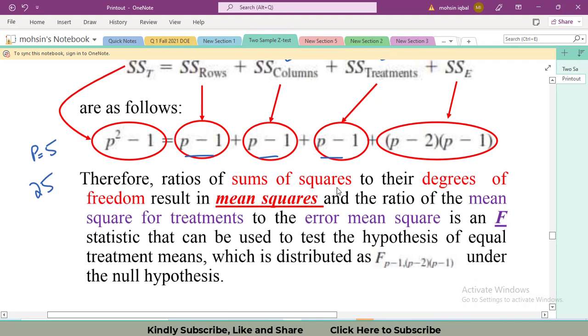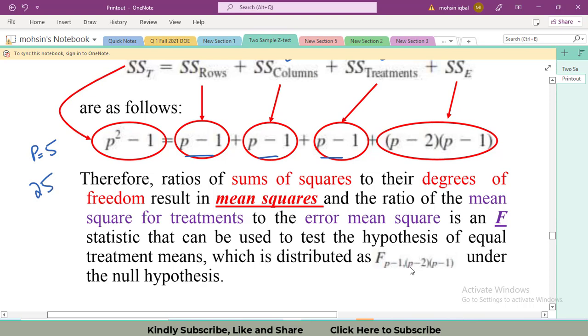After calculating the sum of squares, we will divide them by their degrees of freedom, and we get the ratio. This ratio is called mean square or MS. And then the ratio of mean square of the treatment to the mean square of the error is the F naught, or F statistic value, or F calculated value. We will compare this F statistic or F calculated value with the F tabulated or F critical value.